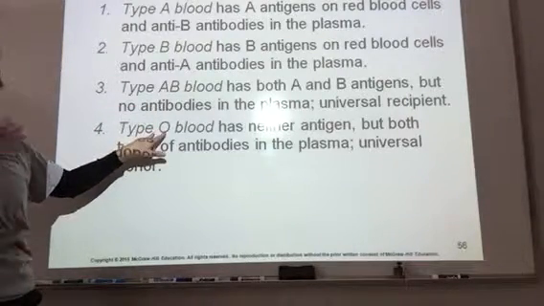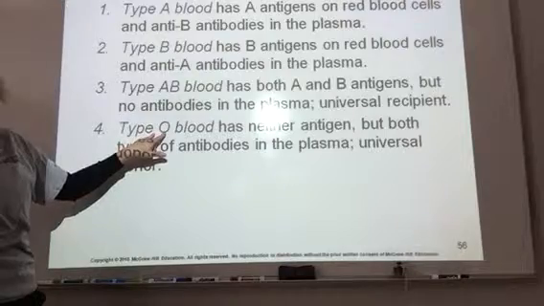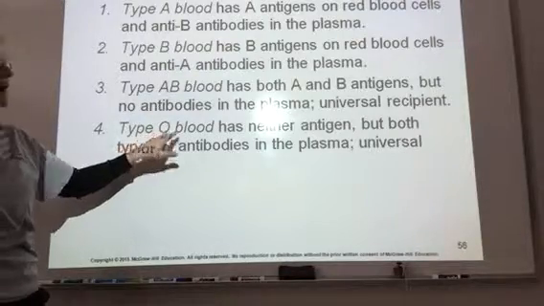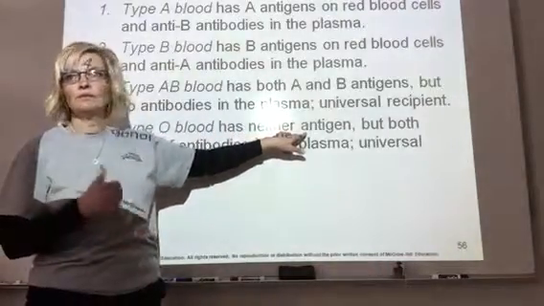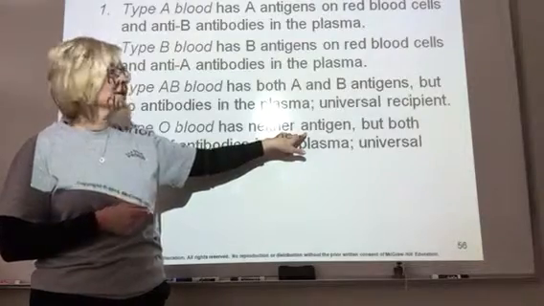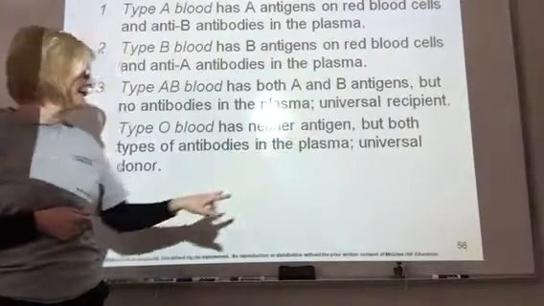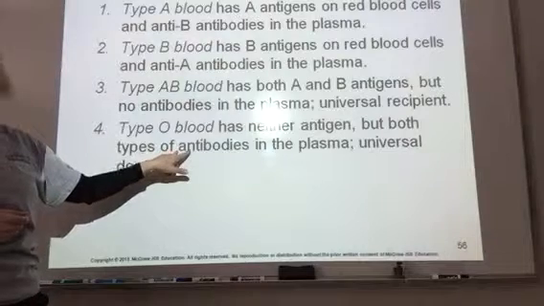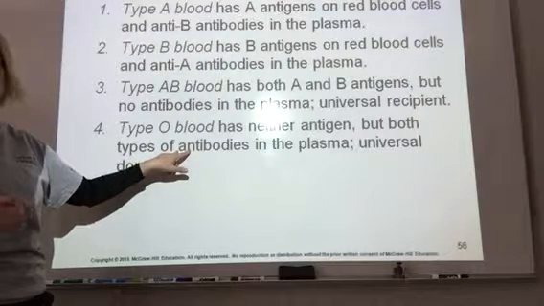Type O blood, this would be my personal blood type. I don't have any antigens. I have no A, I have no B. However, then I have both antibodies. So I cannot receive type A blood.